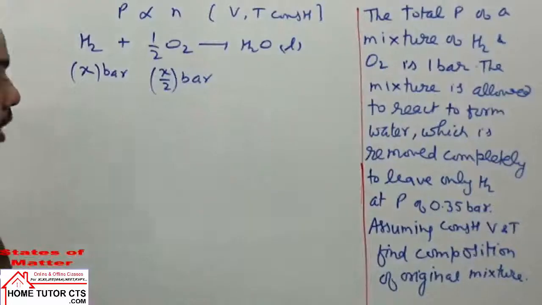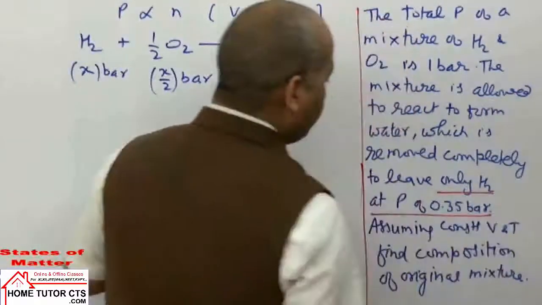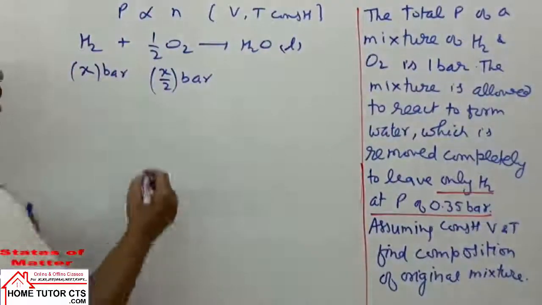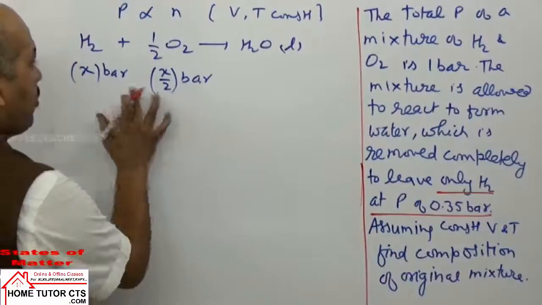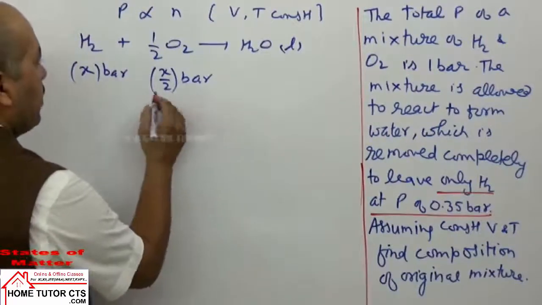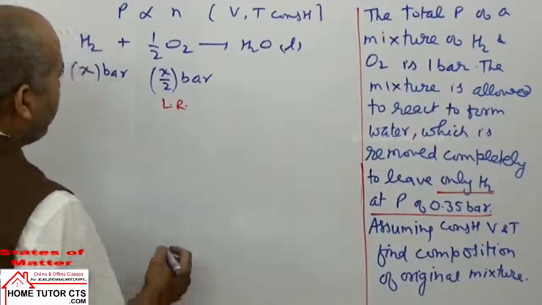Now, at the end of the reaction, the mixture contains only hydrogen left behind. That means O2 in the reaction will act as the limiting reagent. I'm just writing the amount reacting only. So what can we write here?